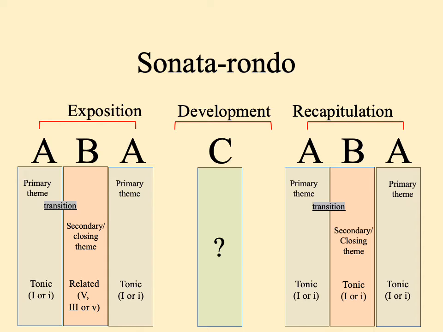And in terms of what the melodic materials are going to be, they're going to be drawn from things we've heard in the primary and secondary theme areas of A and B. Could be even drawn from transitional materials, but that's how this is going to work. So let's move on and actually listen and see how Beethoven manages to use this way of thinking to craft a sonata rondo movement.